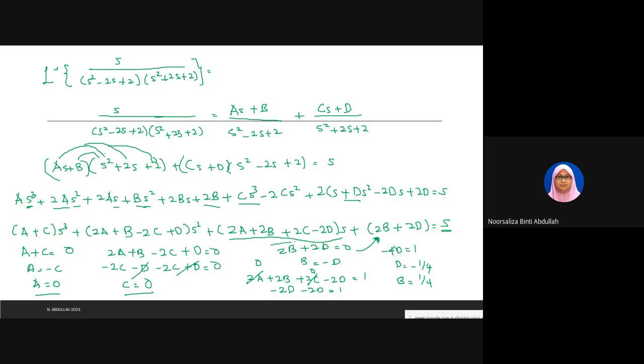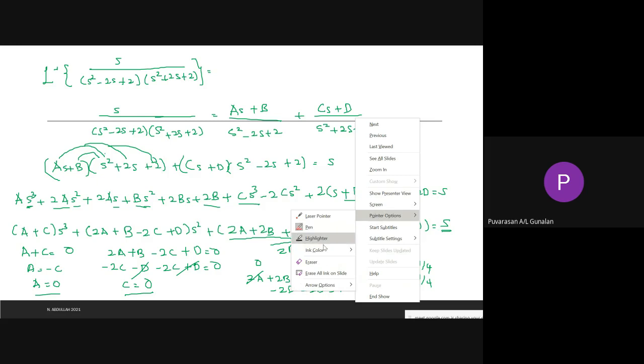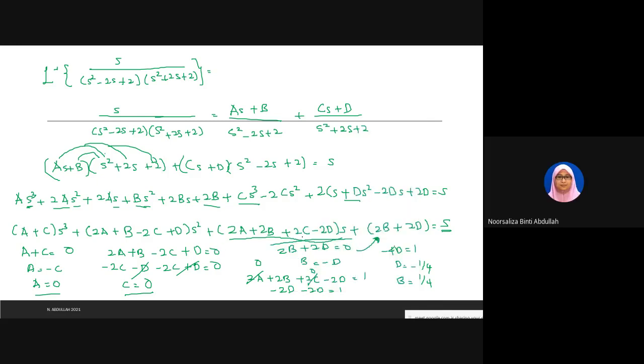This one. Ni. Daripada sini. 2B plus 2D equals to 0.